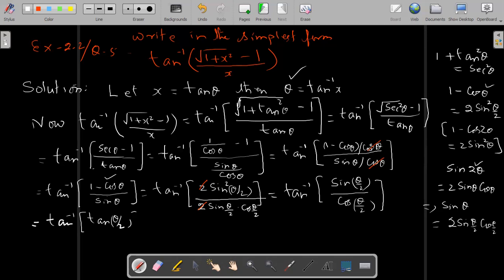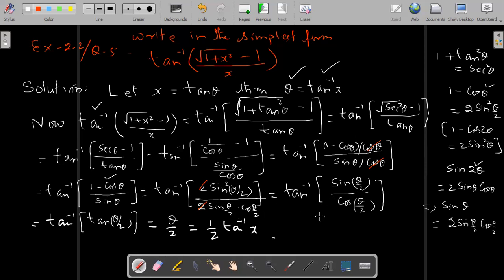For that we have to think which formula should be applied, but this one is complicated. Theta by 2, we get theta by 2, and what is the value of theta? Theta is tan inverse x. So we get 1 by 2 tan inverse x. We started with tan inverse under root and reached the result 1 by 2 tan inverse x.